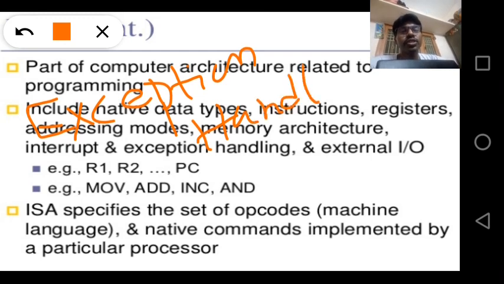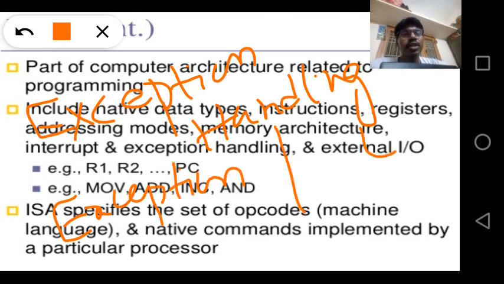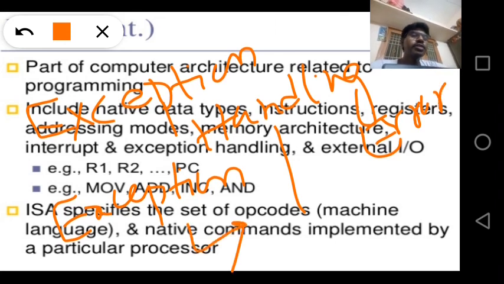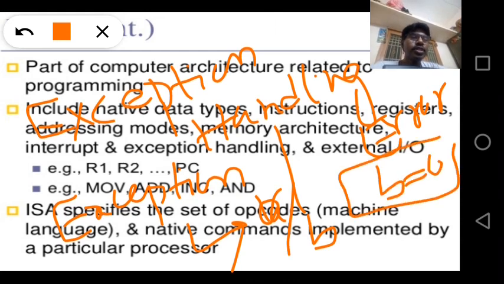Exception means something that can be handled by your program during runtime. For example, if you are performing a division A by B, and during execution it is found that the value of B is equal to 0, then A by B is a divide by 0 exception that you can handle.